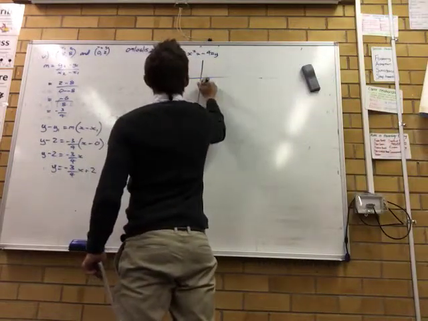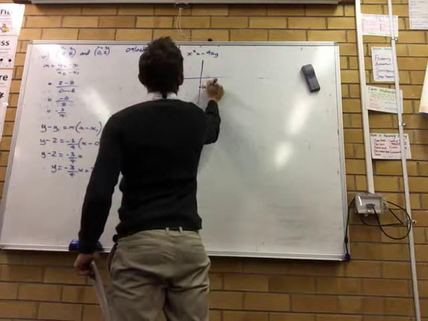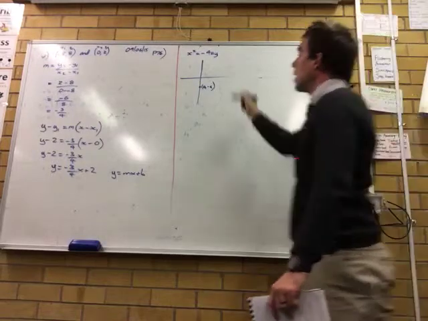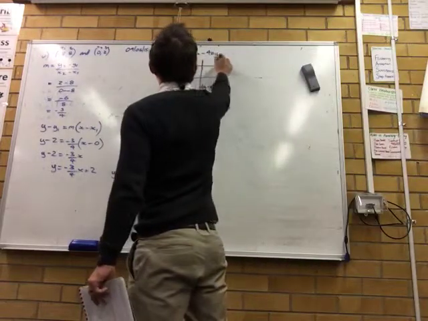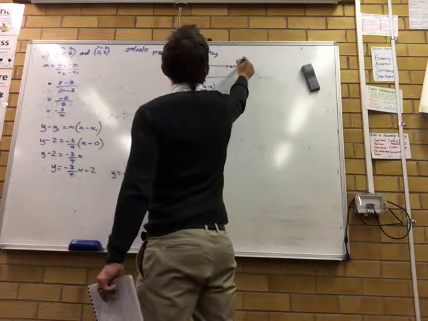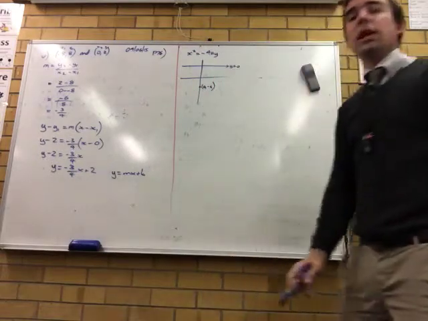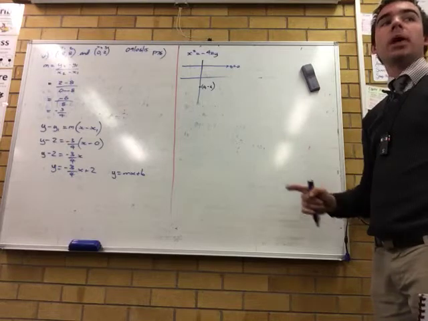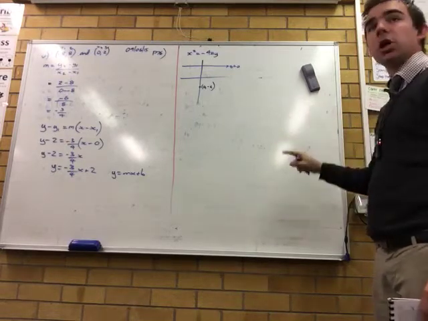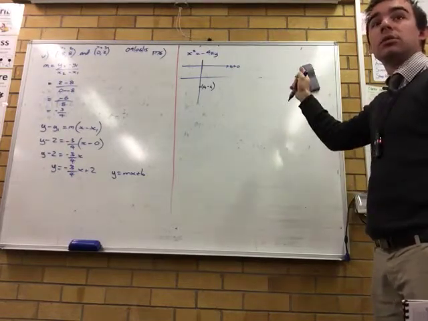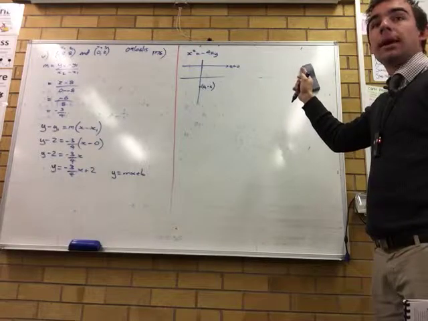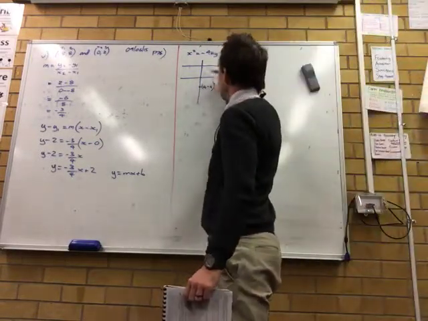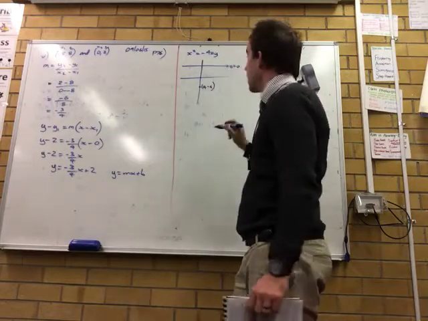So you're told you have a negative focus, in other words, below the origin, and the directrix had a positive equation y equals a, the focal length. The vertex of your parabola is always halfway between the focus and the directrix. So the vertex is going to be at the origin because the distance is the same.